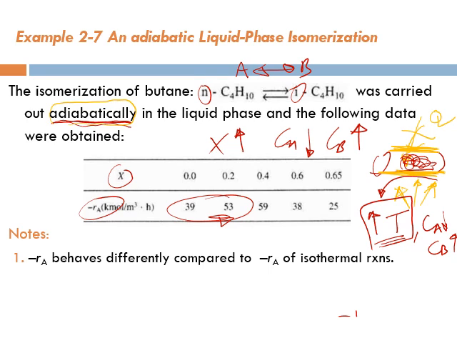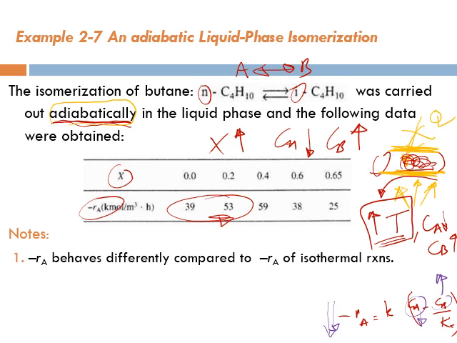If you recall from applied physical chemistry, if this reaction was an isothermal, elementary reaction, then the rate will be k times (Ca minus Cb divided by Kc), right? And you can see that if Ca decreases, the rate decreases, or if Cb increases, the rate also decreases.